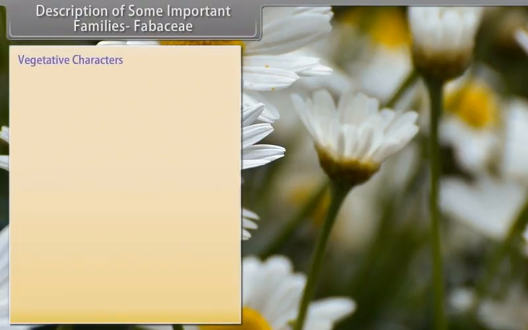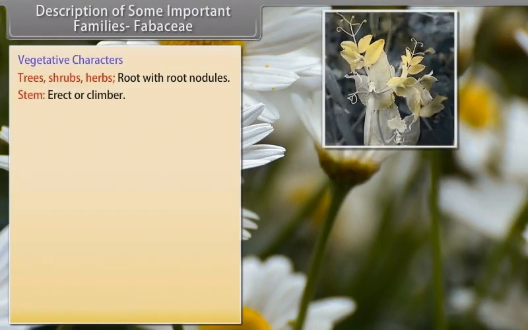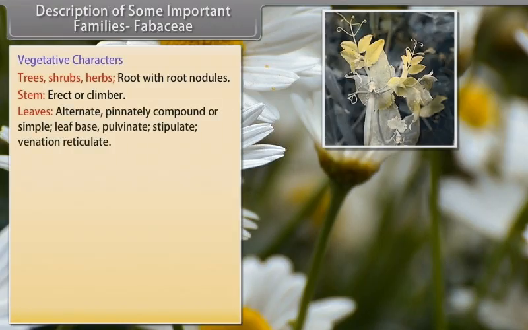Vegetative characters. Trees, shrubs, herbs. Root with root nodules. Stem erect or climber. Leaves alternate, pinnately compound or simple, leaf base pulvinate, stipulate, venation reticulate. Floral characters. Inflorescence racemose.